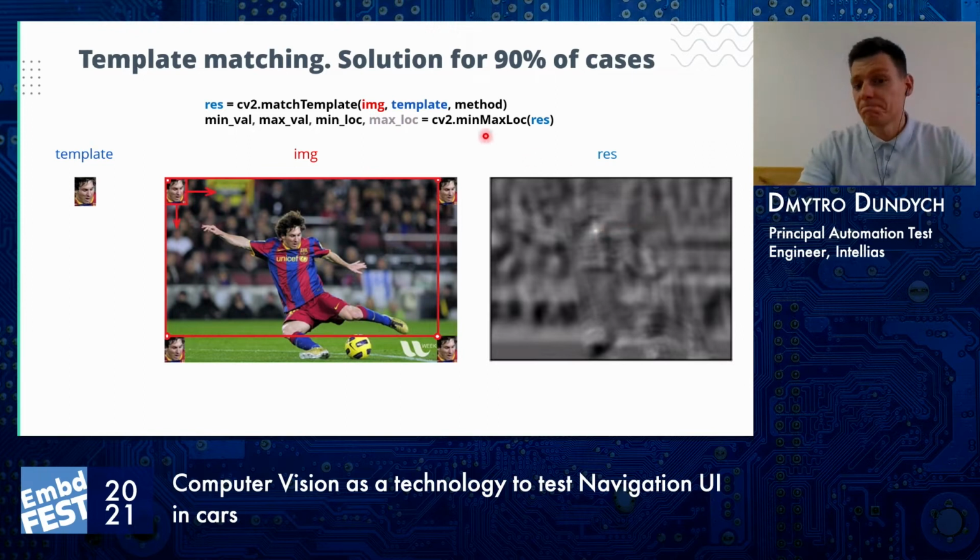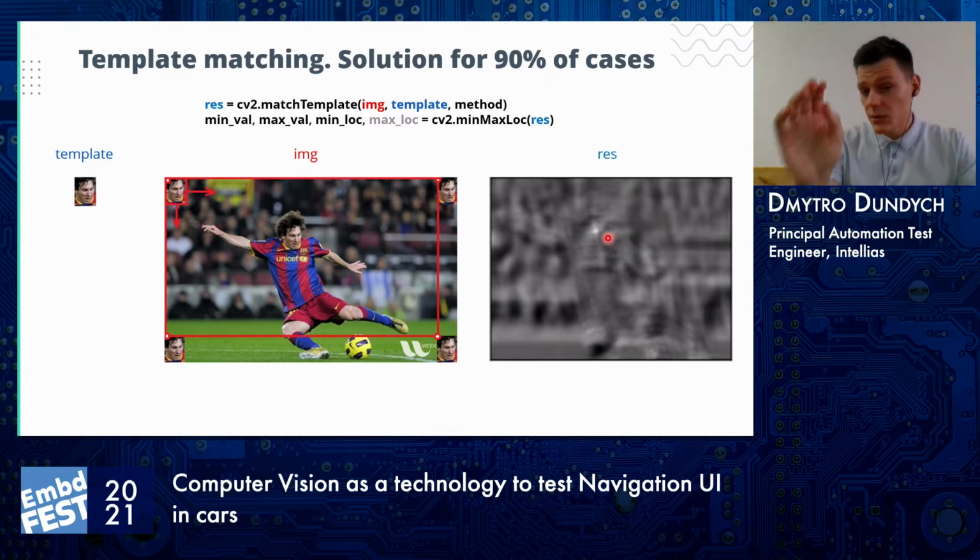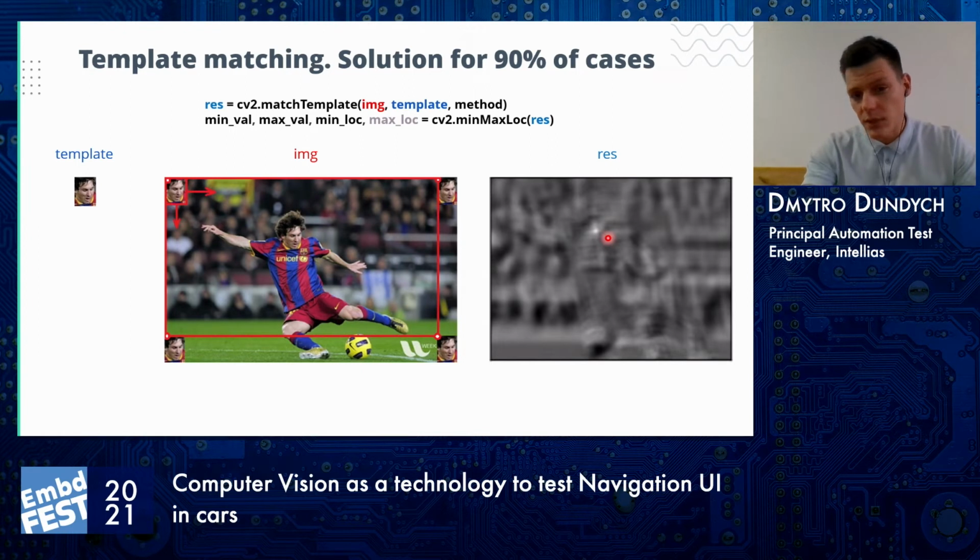So we can use another function to locate the minimum and maximum, find the lightest place, and say, okay, this is the place where the picture is.